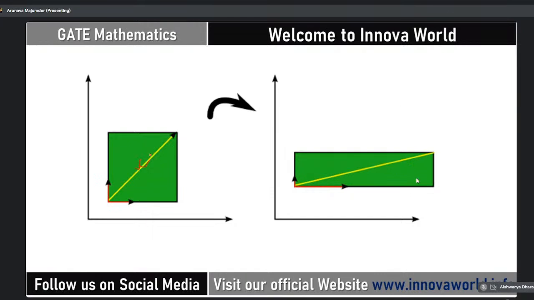Let us suppose this is the x1 vector, this vector is x2, and this vector is x3. Now the yellow vector, that is the x1 vector, we have transformed. After the transformation, you can see the yellow vector's direction is changed. So the x1 position is entirely changed. The x2 position is not changed.